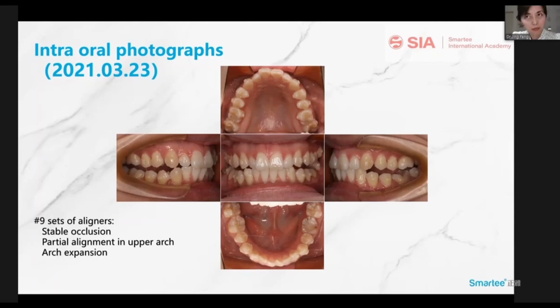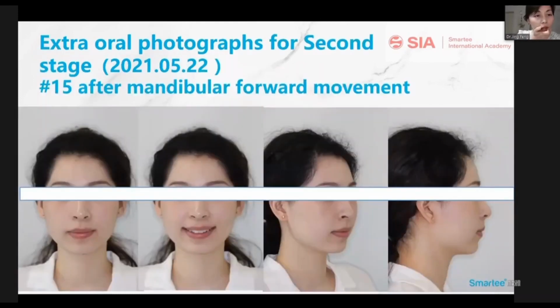And it can be balanced to your aesthetic consideration. Okay, the extraoral photographs for the second stage, after the mandibular forward movement, it is the 15th set of aligners.